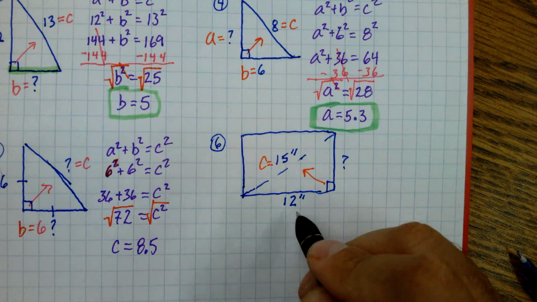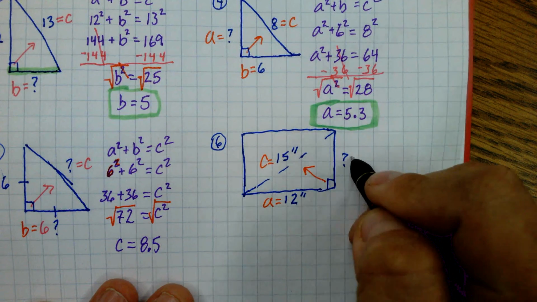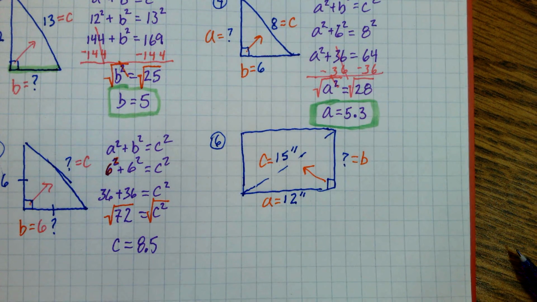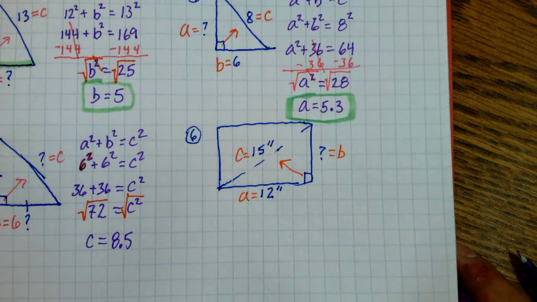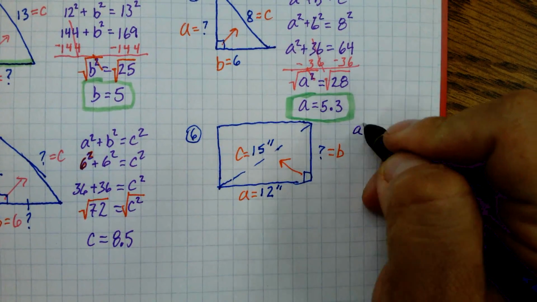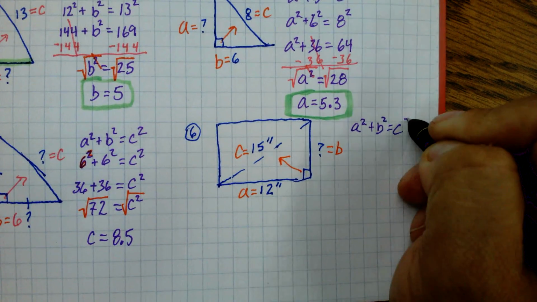What do you want to call 12, A or B? A. B there. And let's work this out with the Pythagorean theorem. We got a squared plus b squared equals c squared.